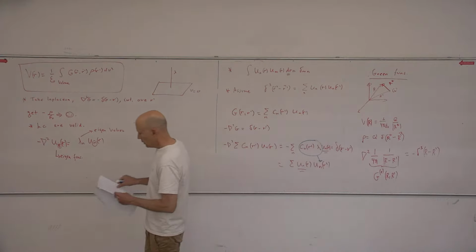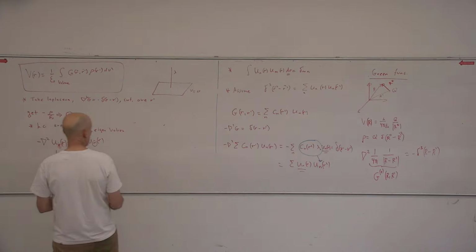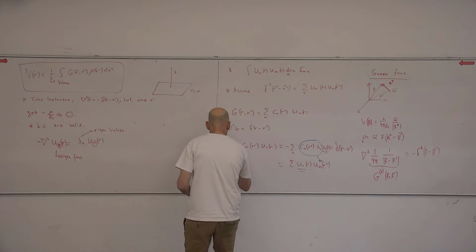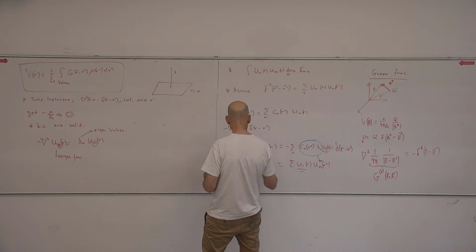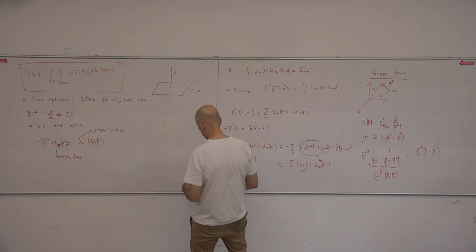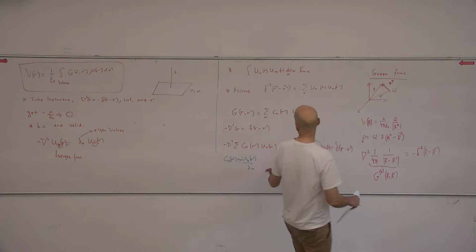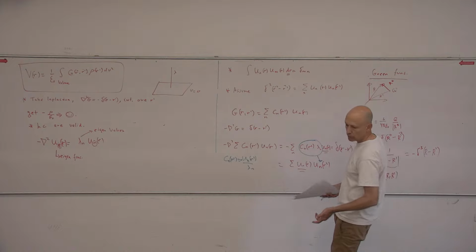Why? Okay, so let us write it down. C_n(r') is this U_n with a minus. There's a minus here. Minus U_n(r') over lambda_n. Now all I need to do is just plug it in here, and we have the Green function.